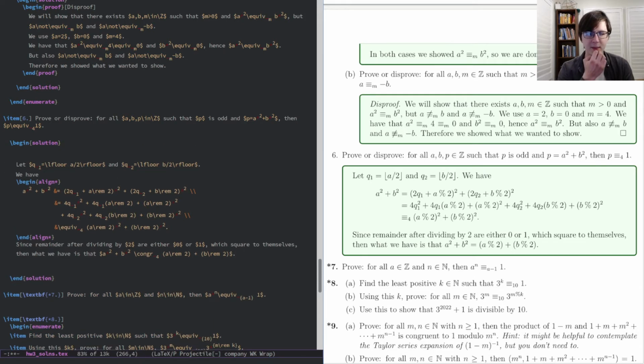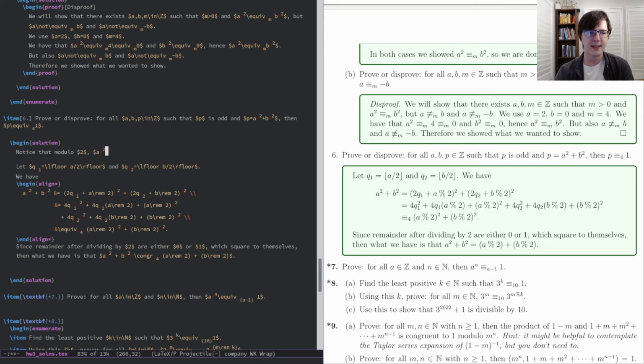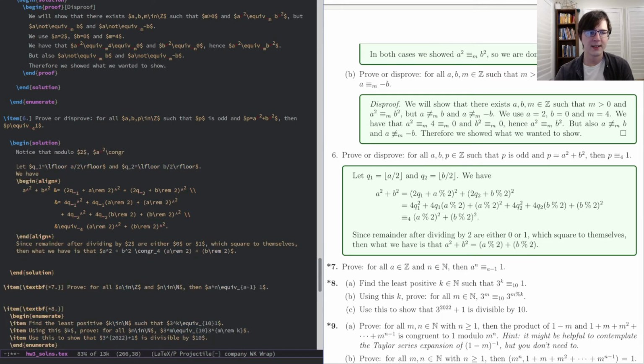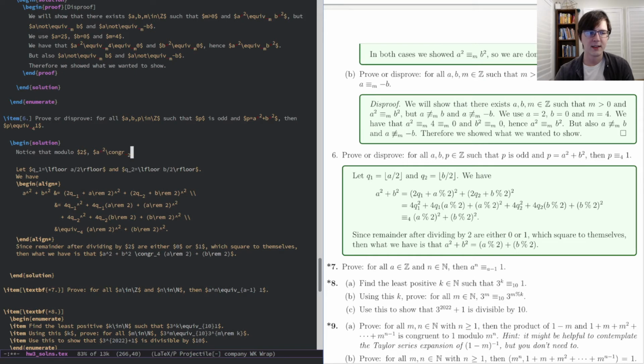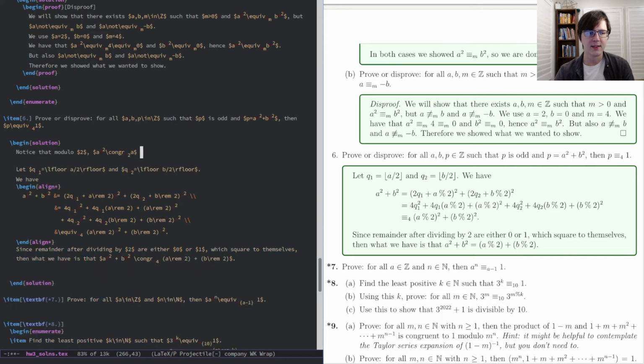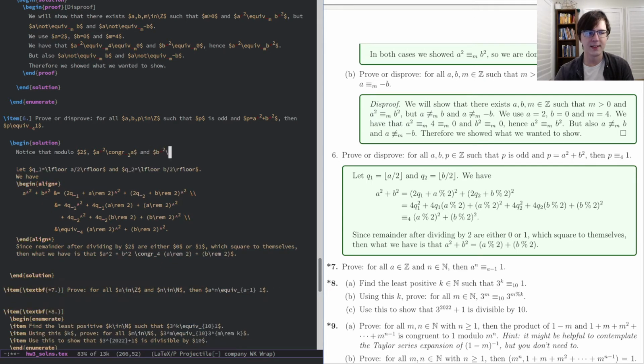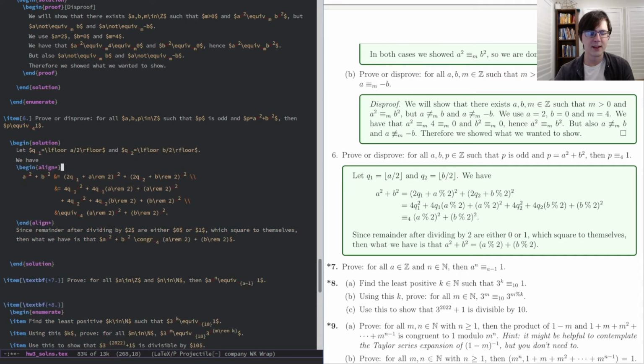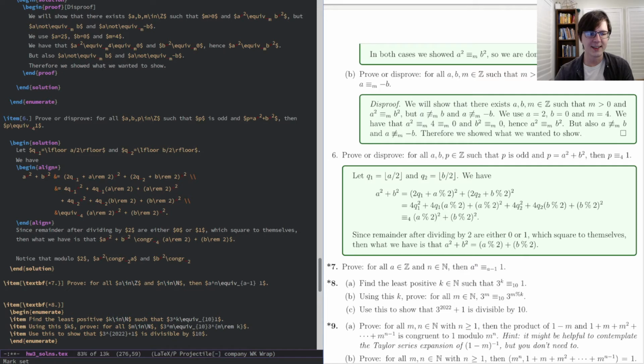Let's go back a little bit. Notice that modulo 2, a squared, yeah, so I'll put this down here so I don't have to say that again.